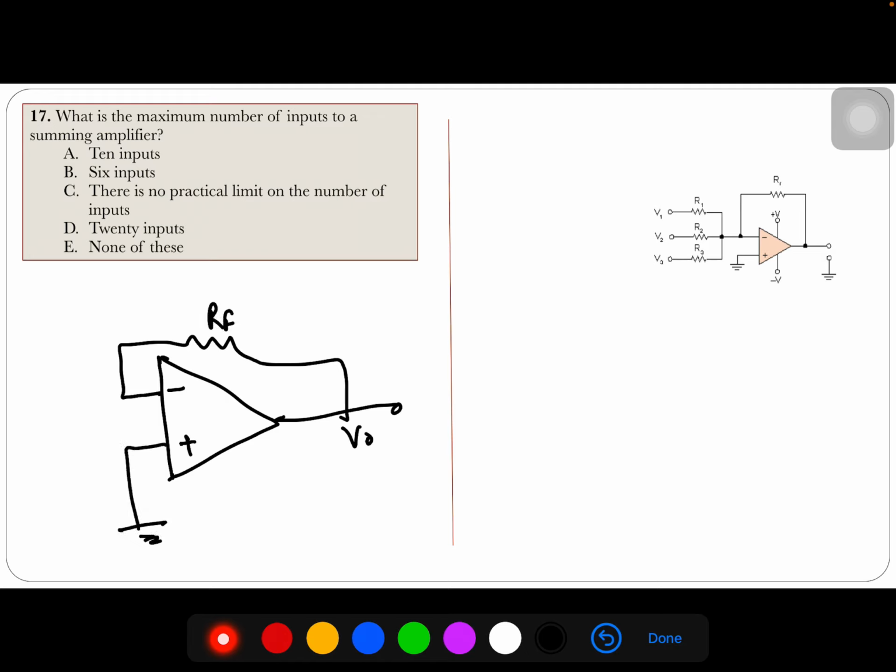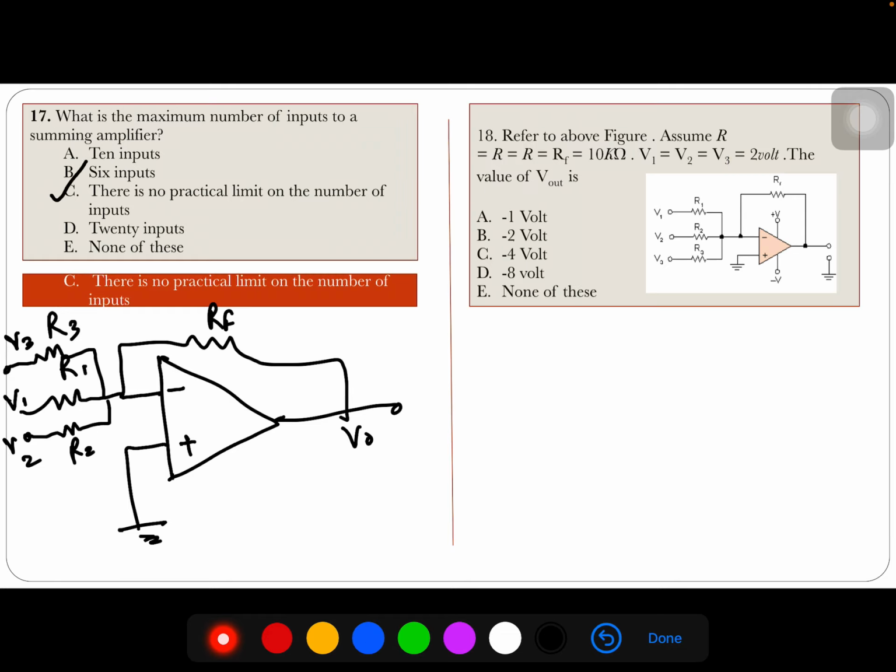Okay. This will be grounded and whatever input you have to add, they will be applied here through resistors. If you want to get more inputs to be added, you can apply them here itself in the same manner. So practically there is no limit on the number of inputs. So C option is the correct option.